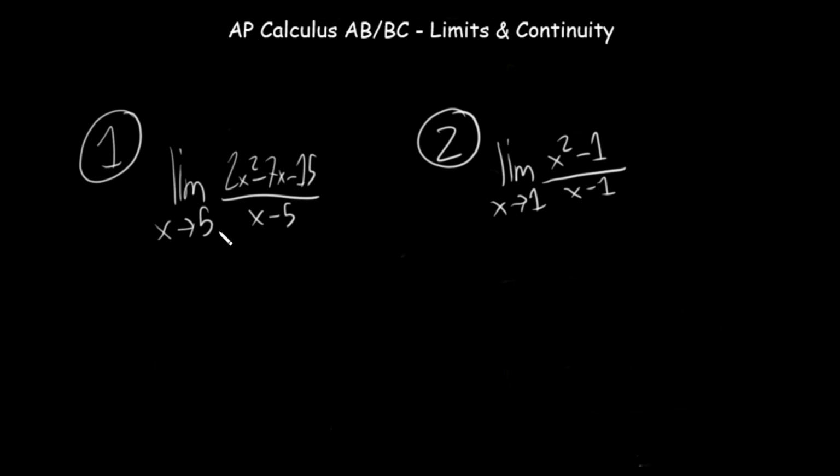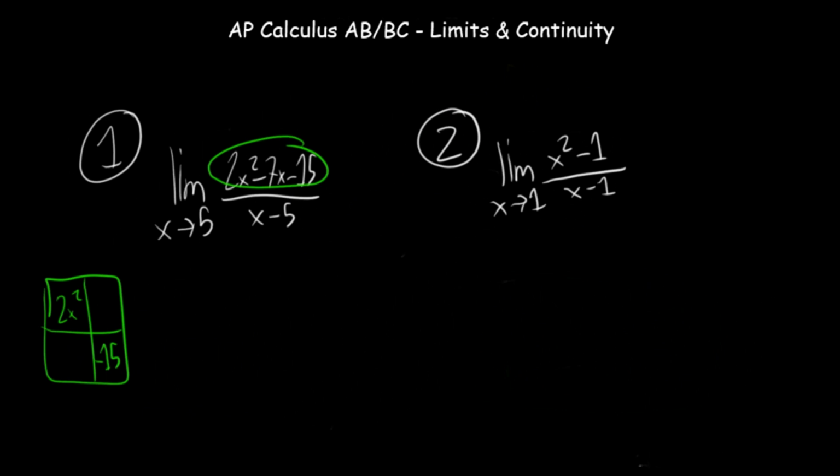I want you to pause this video and solve these two problems using the factoring method that I just taught you. Okay, let's solve this. So, first off, in this first problem, we need to factor this out. Let's put that to the side. 2x squared minus 7x minus 15.